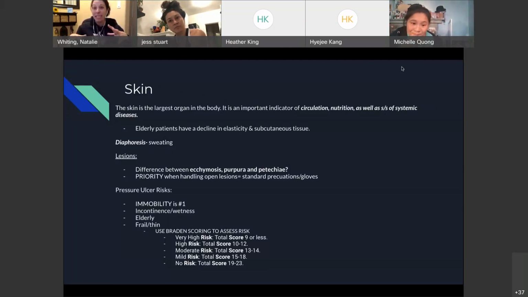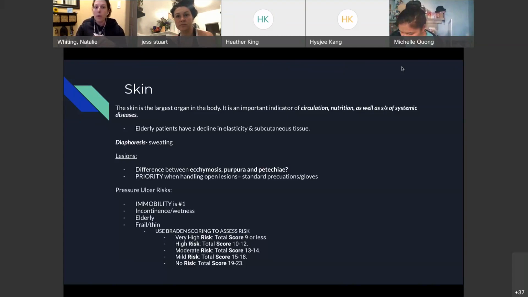Ecchymosis can happen easier with elderly patients, but you'll see a lot of purpura on elderly patients. And then petechiae; both purpura and petechiae are almost like dots, but petechiae are smaller and more pinpoint. And that's usually caused by some sort of asphyxiation.